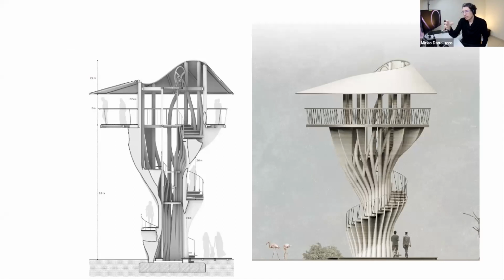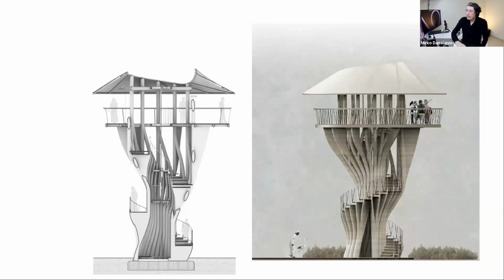These are some elevational sections to understand the relationship between the outer shell, even if the shell is not correct in this case, the outer grid, or let's say fibrous structure, and the section of the beginning of the tower.